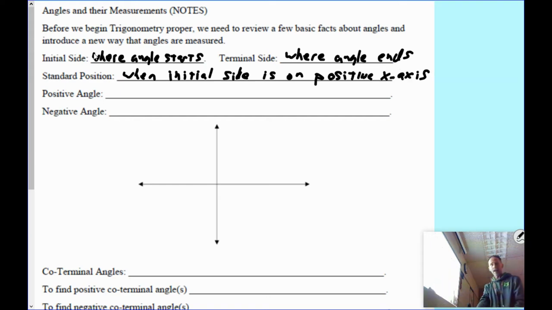Okay, so from this moment forward, our angles are going to be in standard position. In other words, my first ray, that initial side, is always going to be on the positive x-axis. Always, always, always.